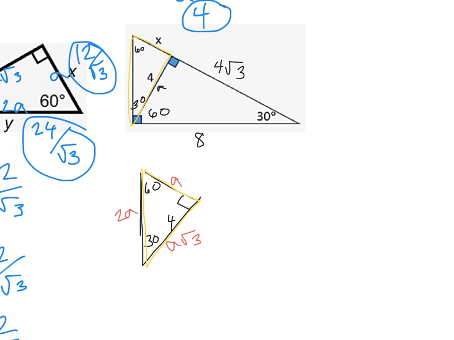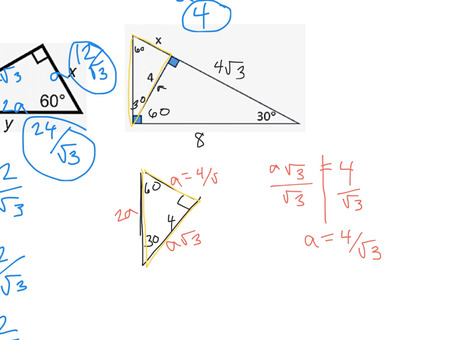So the only information we have so far is that A square root of 3 equals 4. So we're going to solve for A, so we know what A is. Divide by the square root of 3 on both sides. So A equals 4 divided by the square root of 3. So that's right here. 4 divided by the square root of 3.